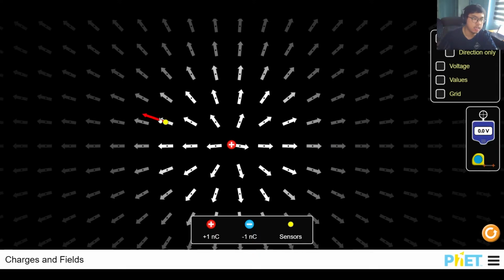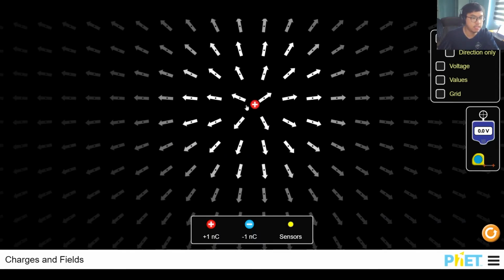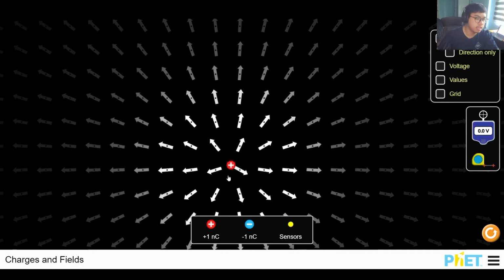If you put it here, this positive charge will move away as well. Field lines are there to show the direction of the force acting on another positive charge if it were put in that field. So this is the field line for the positive charge.